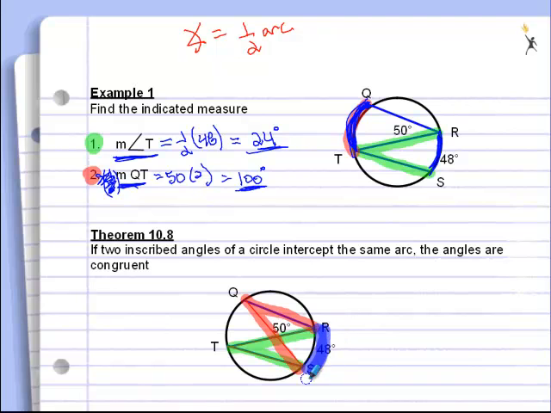Well, if arc RS is 48, then angle RQS and angle RTS should be half of that. Half of 48, as we solved in example 1, is 24, and we see that they're both 24 degrees, which makes them congruent. Not too hard. Not really a whole lot of practice there.